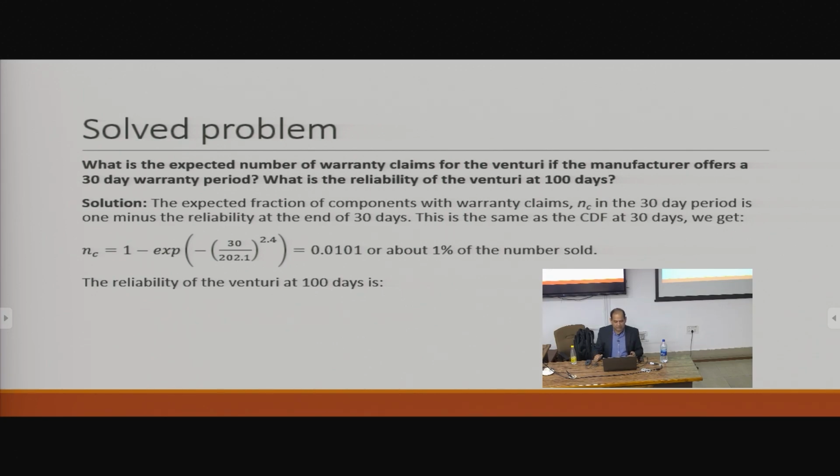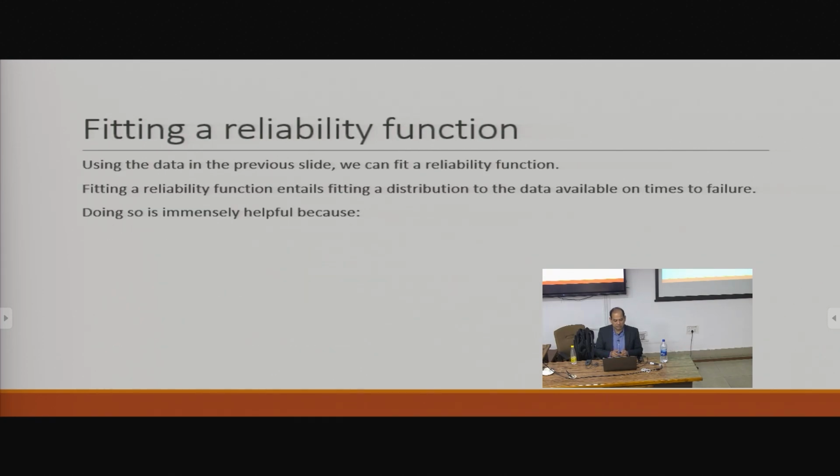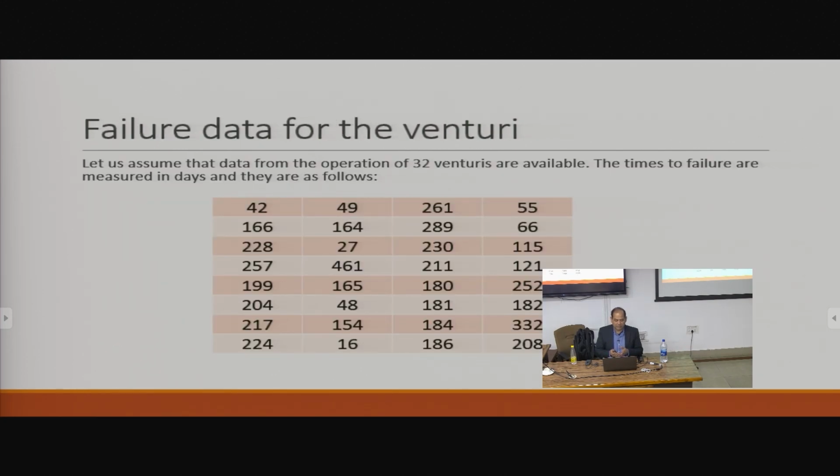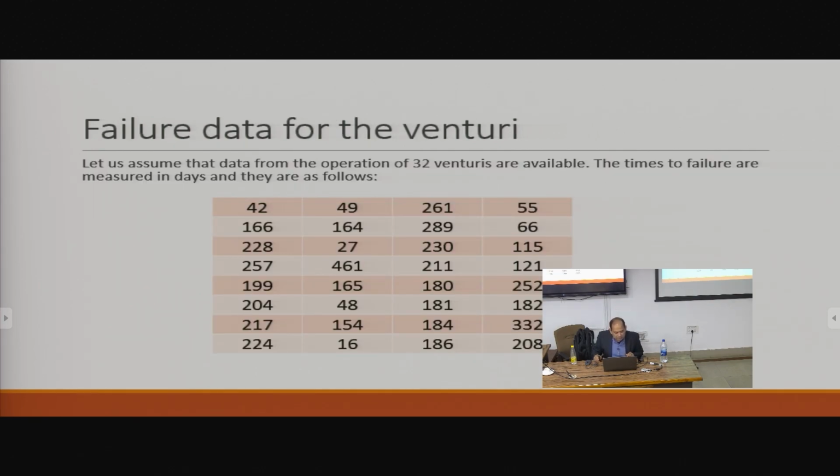So now, just to summarize, we can have data, and we can fit distributions. Let me look at something here. There's only one component that failed below 30, right? So I guess this gives us about 3% probability of failure if we just relied on this.